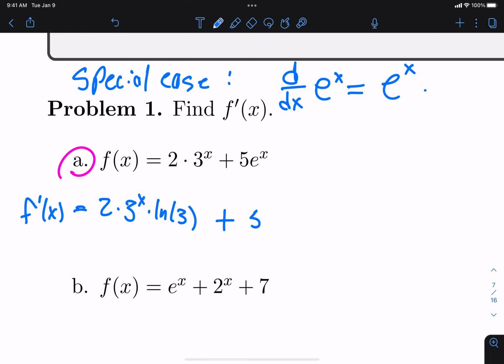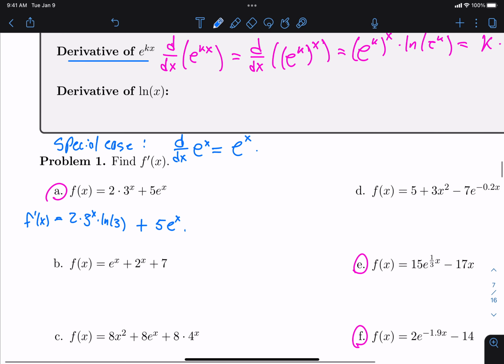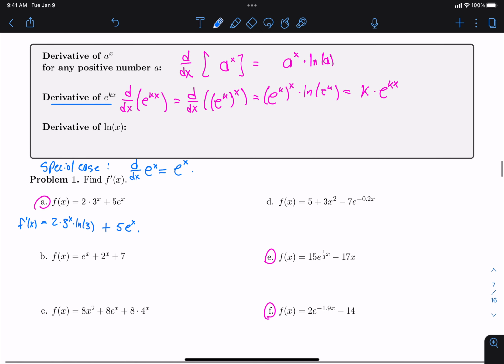Well, it's going to be 5 times whatever the derivative of e to the x is, which is just itself. So it turns out the derivative of 5e to the x is also 5e to the x. Okay, so that's our two new rules seen in action here.